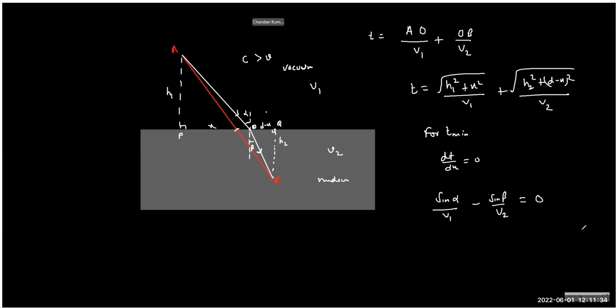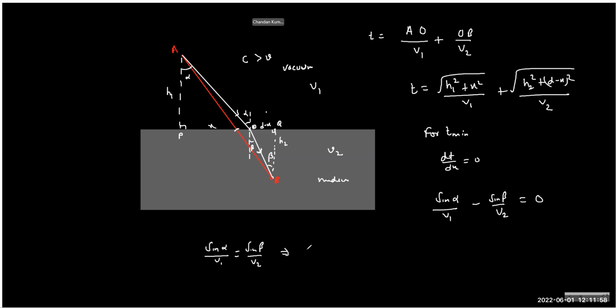Or you can differentiate more rigorously and you can get the answer. So you can see alpha is here. This is also alpha. That's why we got this answer. This is beta. And therefore, sine alpha upon V1 is sine beta upon V2.